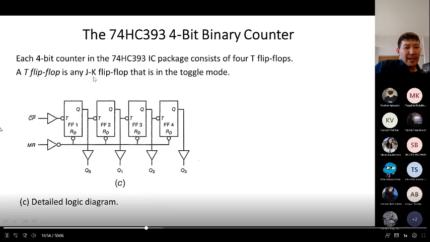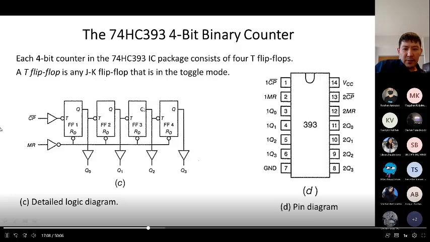When your J and K are internally connected to the VCC, we say this flip-flop is a T flip-flop. So actually, it's just a JK flip-flop in toggle mode. It's a pin diagram. But in Multisim, it's not necessary. But in real hardware, of course, you need to understand how to work with this pin.